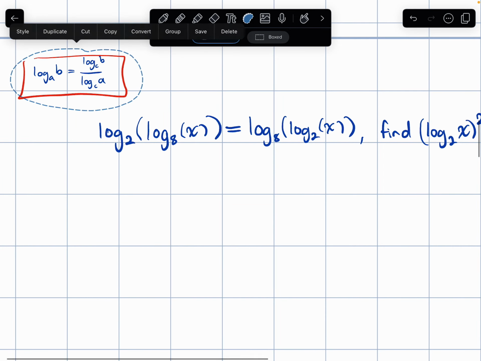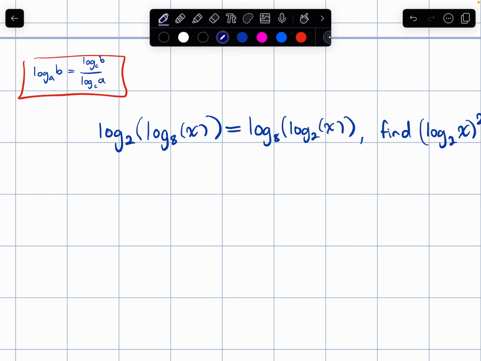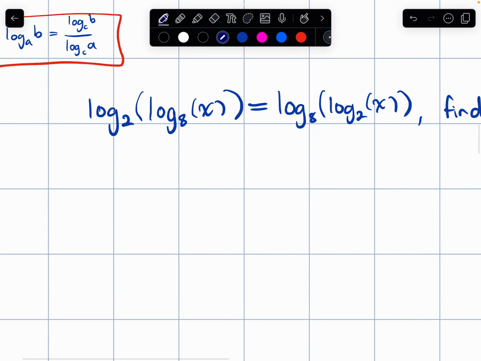So I don't know where I can put it. Put it up here. So knowing that, we can represent log 8x equals log 2x over log 8.